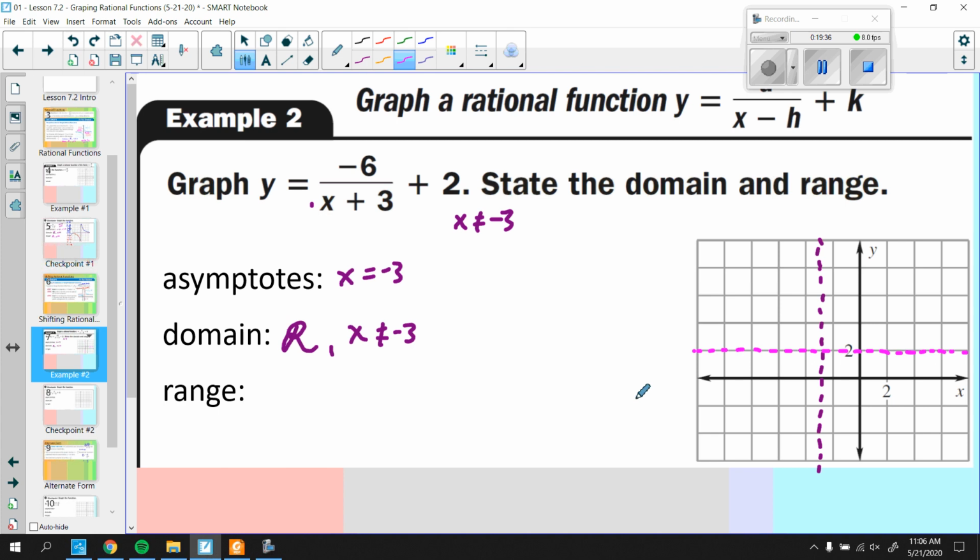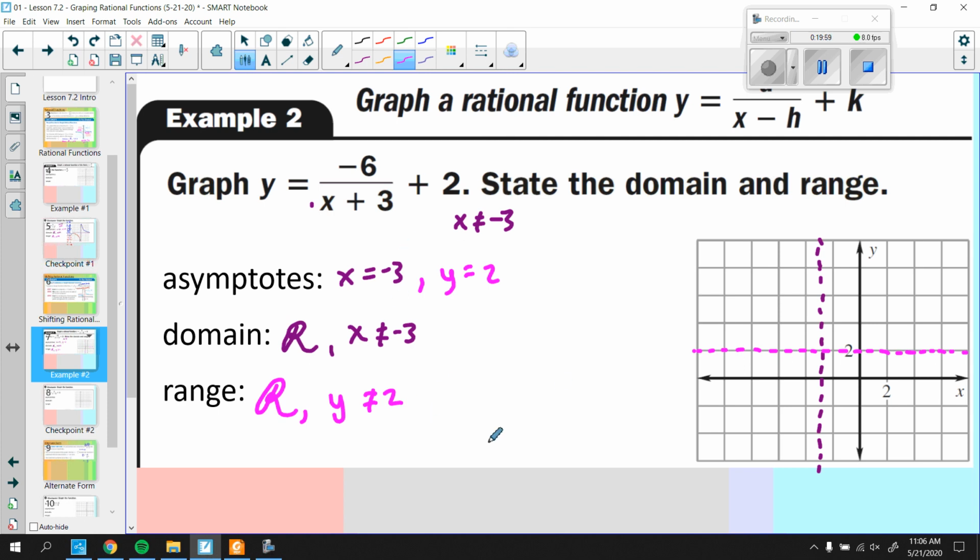What's the equation of that pink line? y equals 2. Okay, so our range is all real numbers except y cannot equal 2. So there we go, that's how we would go through.